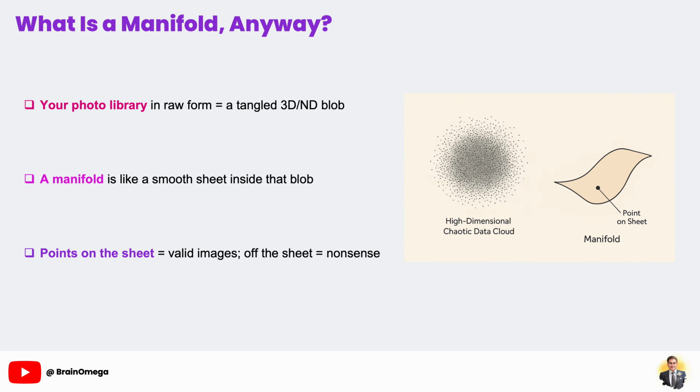In short, a manifold is the hidden home where valid images live. Our AI's goal is to discover that home, flatten out its key directions, and then move around on it without venturing into nonsense land.